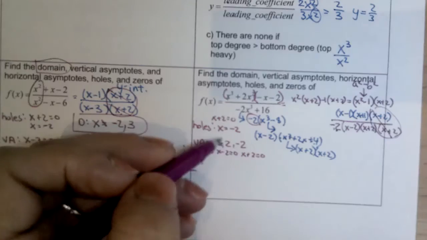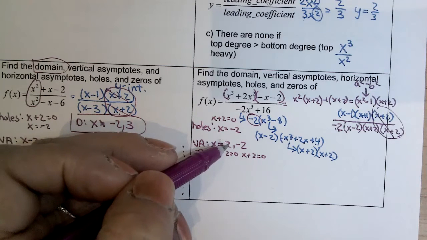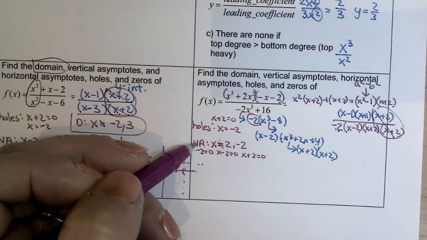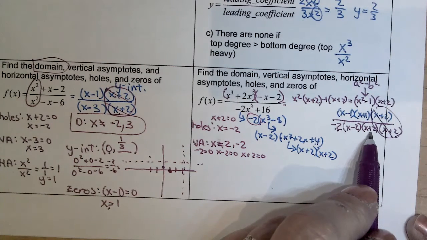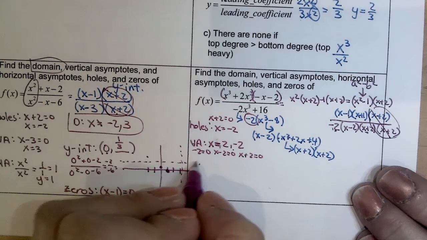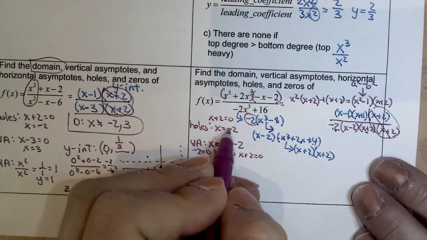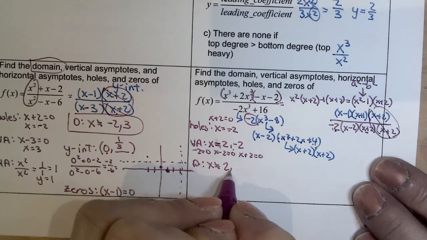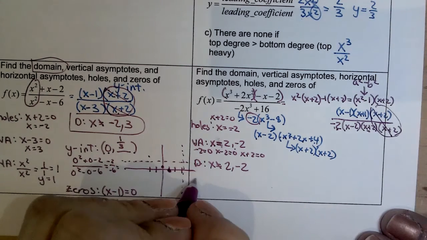At this point, it looks like -2 is going to be either a hole or a vertical asymptote. I'm leaning towards a vertical asymptote just because there is another x plus 2 here, but we're just going to leave it in both for right now. And then my domain, we know that x cannot equal -2 or +2. Doesn't matter if it's a vertical asymptote or a hole, it can't equal it.